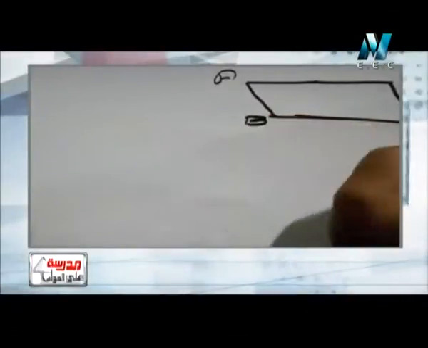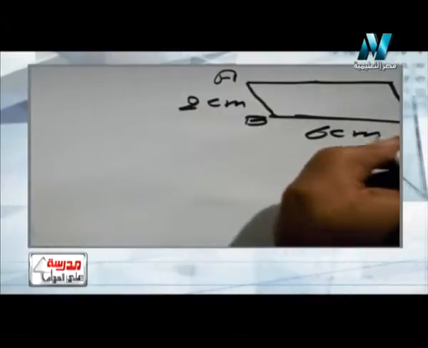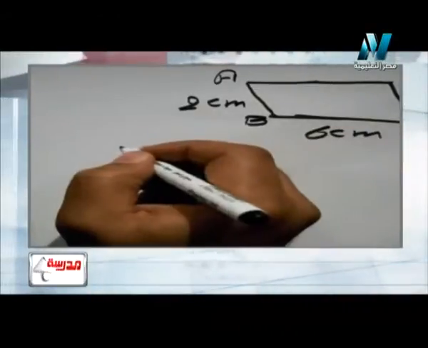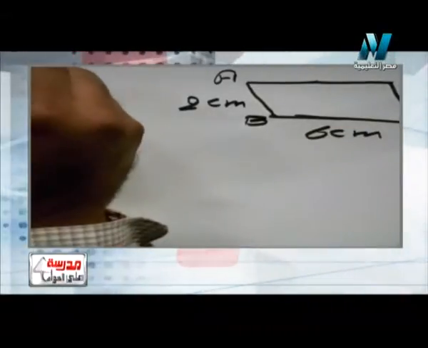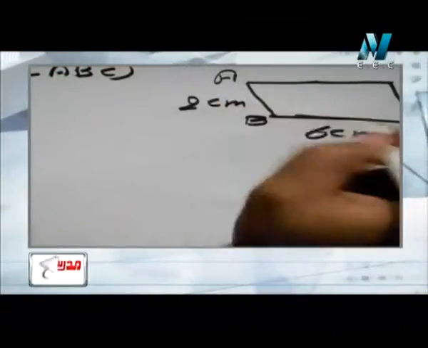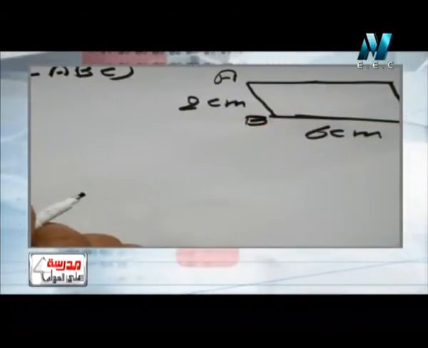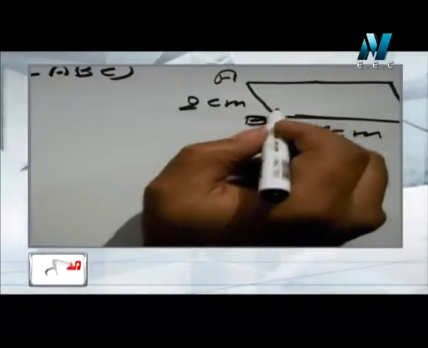BC equals 6 centimeters. And the measure of angle ABC equals what? Equals 105 degrees.